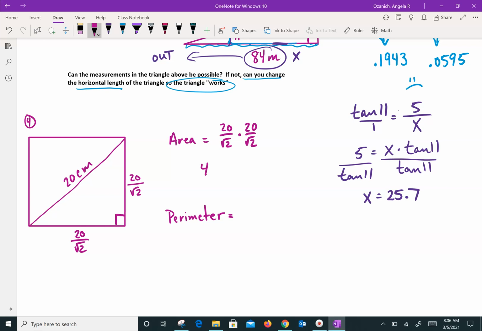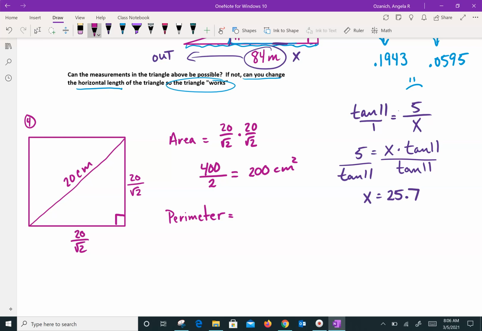So 20 times 20 is 400. The square root of 2 times the square root of 2 is the square root of 4, which we know is equal to 2. So your area on this particular problem is 200 square centimeters.